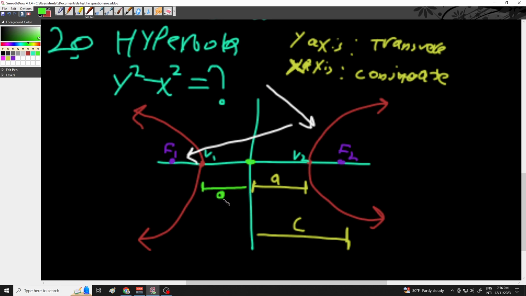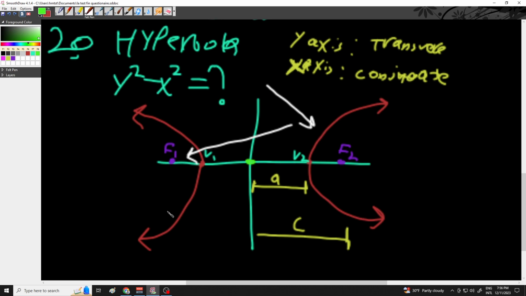I only drew the right side because that's what the professor wrote down. The distance from the center to the focus is called C. You write that down. The y-axis is called the transverse axis, and the x-axis is called the conjugate axis. I hope you can read my handwriting.